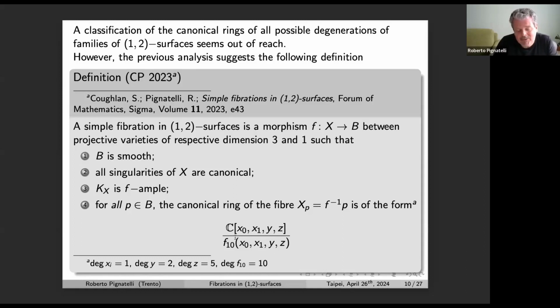Now, even if we restrict to the case of stable fibers, which is what has been studied up to now, studying the KSBA compactification, the moduli space of these surfaces, we know, I think, already a dozen of different possible canonical presentations of the special fiber.